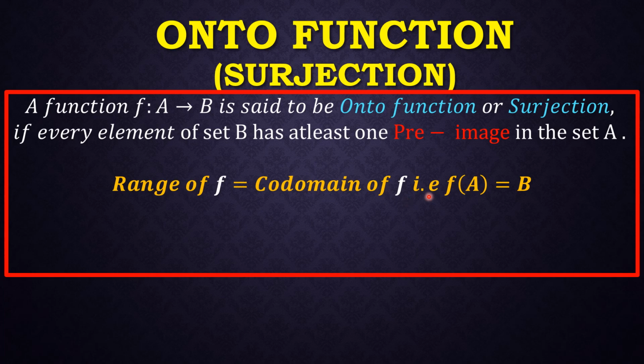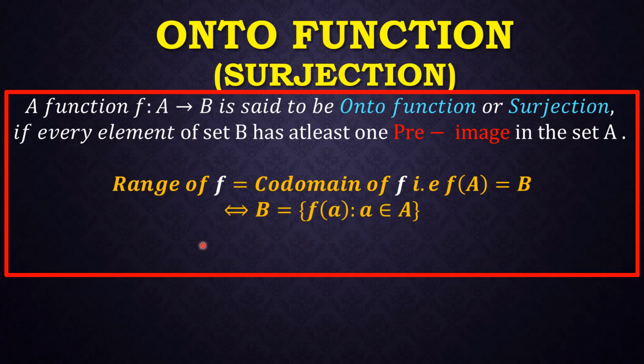Here range of f can be denoted by f of A. Here we take capital A, and small a, that is just f image. f of A is the f image. Here we take capital A, that is the range of f, which is always equal to the codomain set capital B. Here this condition exists for any function. That type of function is called onto function.